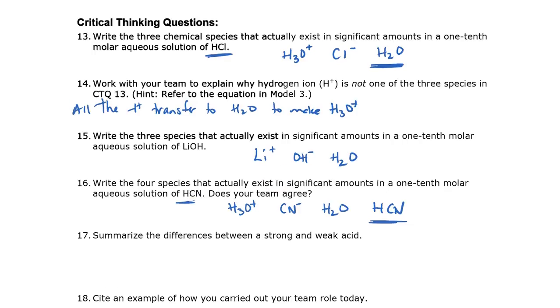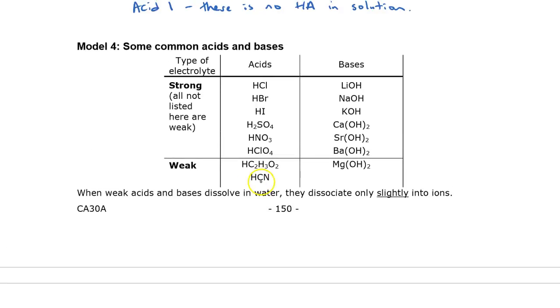That's a weak acid. I know it's a weak acid. First of all, it's listed as weak, and secondly, I remember that anything that's not in my list of strong acids is probably a weak acid.